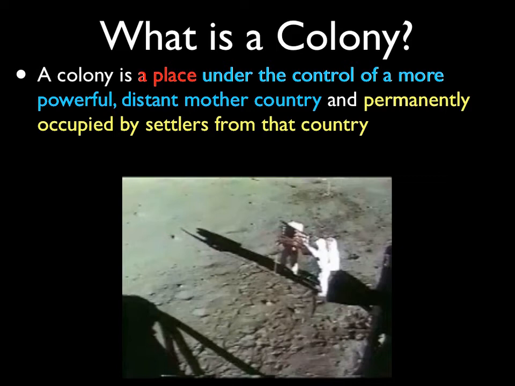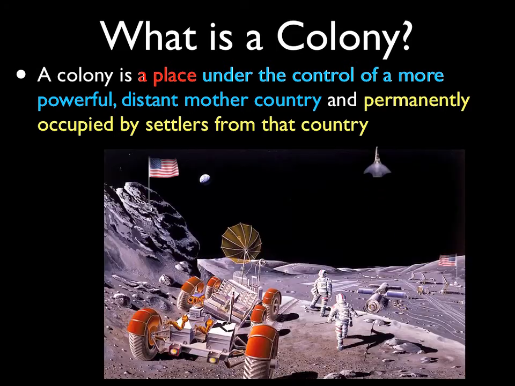Well, no, and here's the rub. The astronauts obviously returned back to Earth after they planted the flag. But how could we turn the moon into a colony? Well, the United States or another country would have to build a permanent space station on the moon, and the laws of that space station would have to be controlled by the United States government back on Earth.